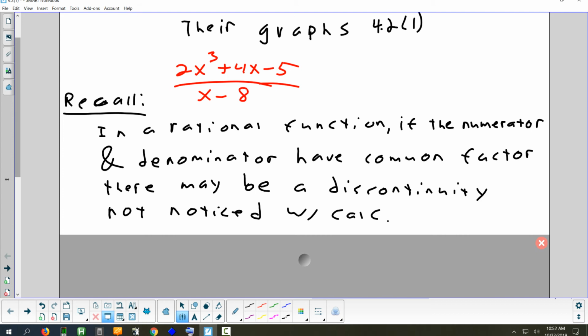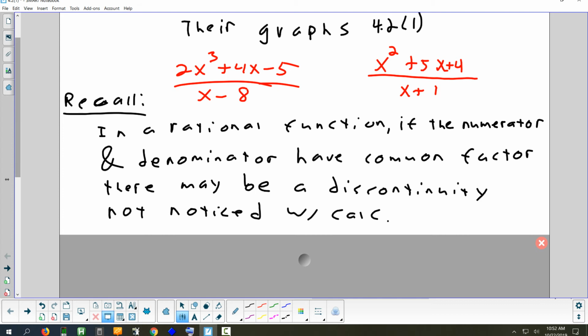A hole, right? So that would be if you graphed something like this. x squared plus 5x plus 4 divided by x plus 2. If you factor the numerator, the numerator should factor into x plus 1, x plus 4.